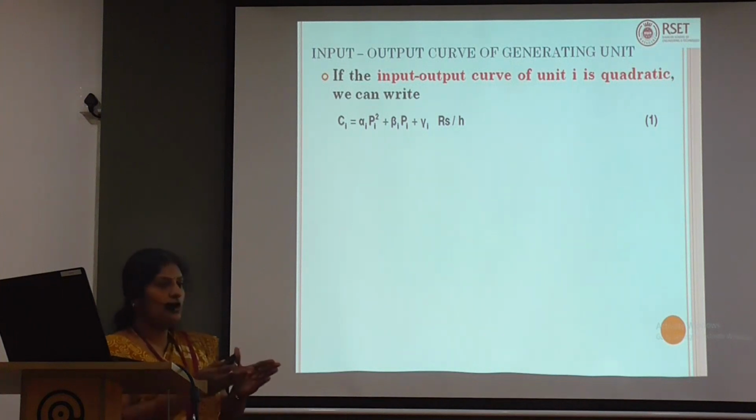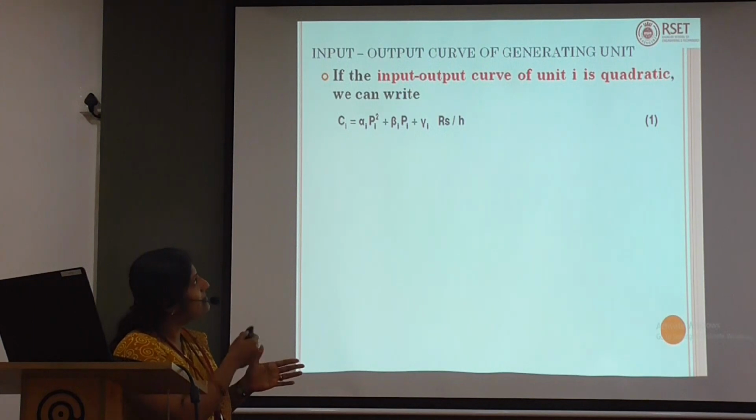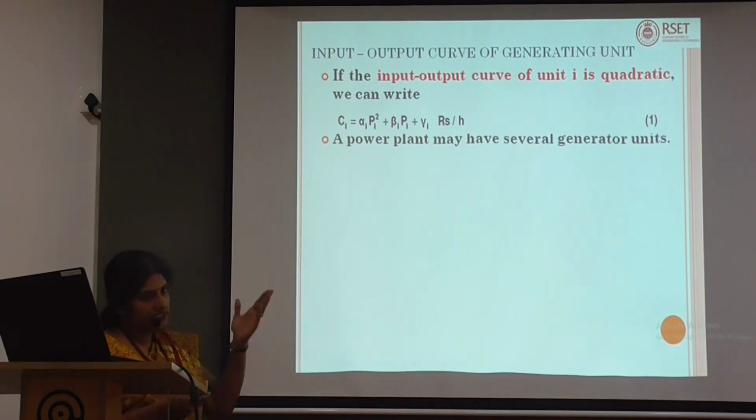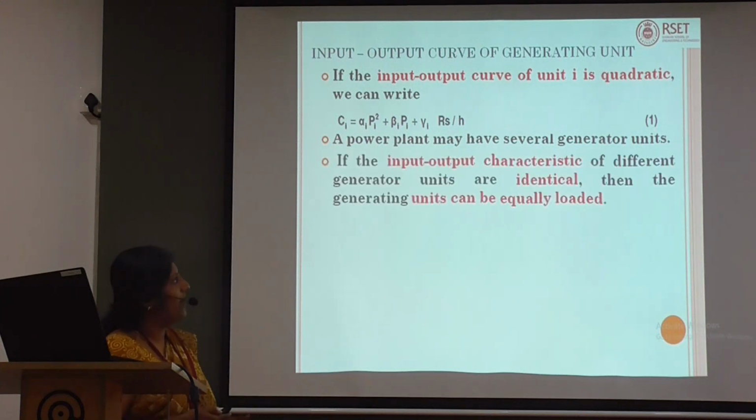Depending upon this, if I have different units in a plant, each unit may have a different cost curve relationship. Different plants may have different generating units within the plant.